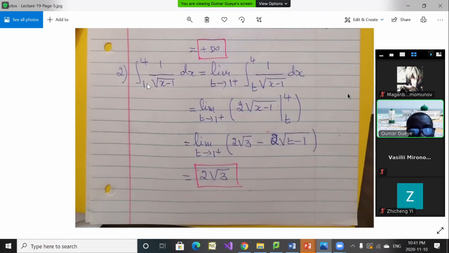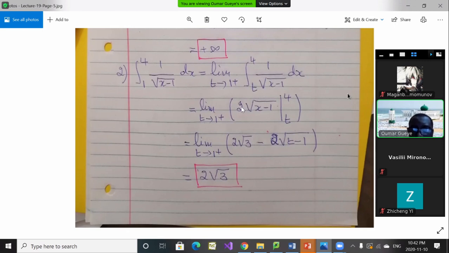That's why we're going to remove 1 and replace it by t. And then we let t get very close to 1, coming from the right, similar to the previous example, because your t is between 1 and 5. And when it's approaching 1, it's from the right. Now, we calculate this integral.